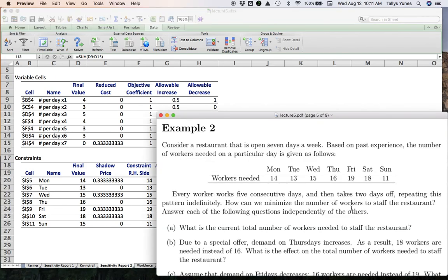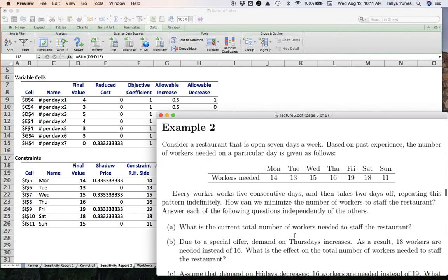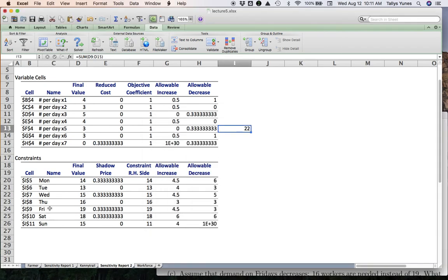Question B. Due to a special offer, 3 caipirinhas for the price of 1, demand on Thursdays increases. So currently, we are asking for 16 servers on duty on Thursday, right?